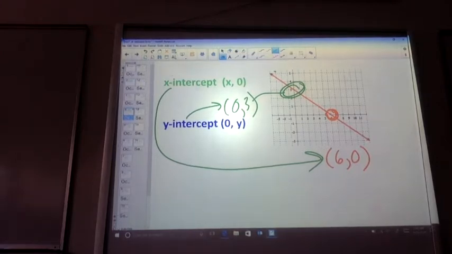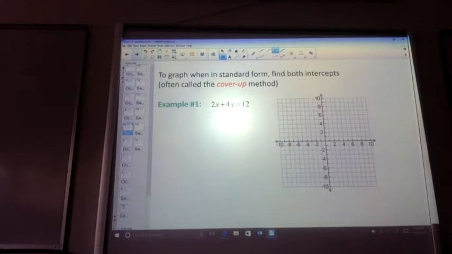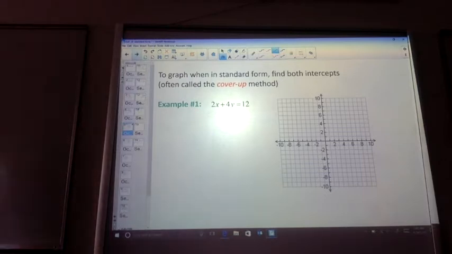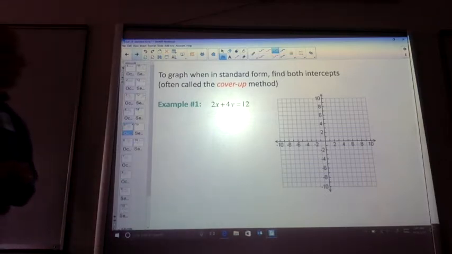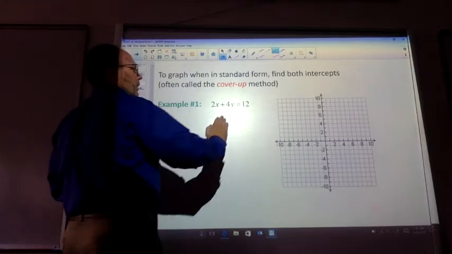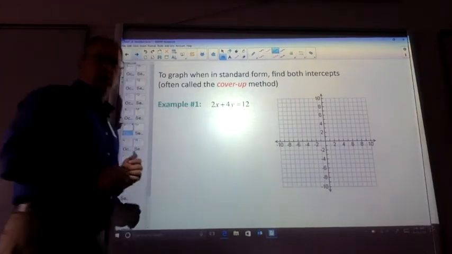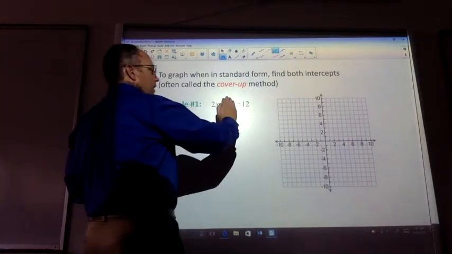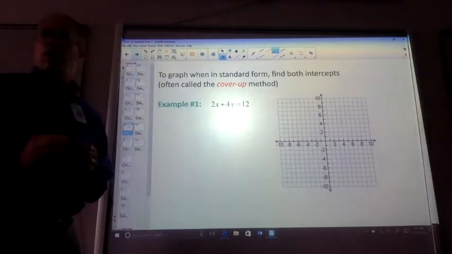So when we use the cover method, we are focusing on where it crosses the x and the y-axis. So watch how easy this is. Just put your pencils down for a moment and take a look at what we have. Ready? I'm going to cover up this y value. Still with me? So the 4y doesn't technically exist right now on this graph.